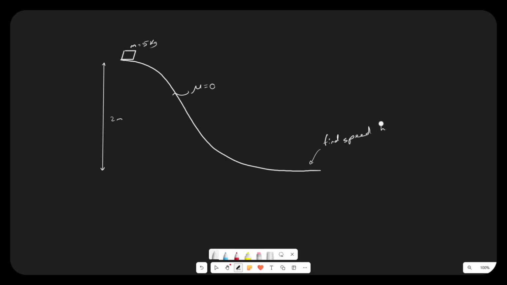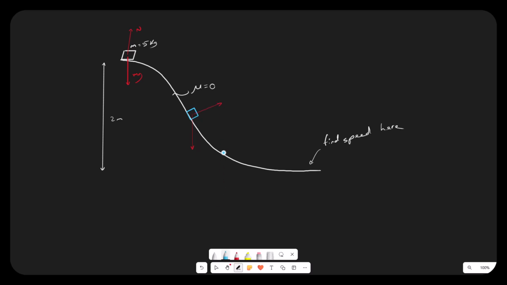Now I run into some trouble if I want to do this with kinematics, because right here, yes, I could find the forces on this thing. Right? I can say here's my gravity, here's my normal force, and I can resolve those, get an acceleration. But when my block is here, here's my gravity, here is my normal force.